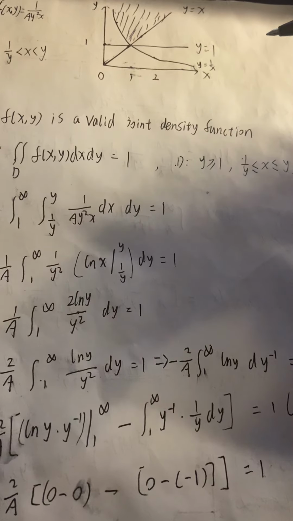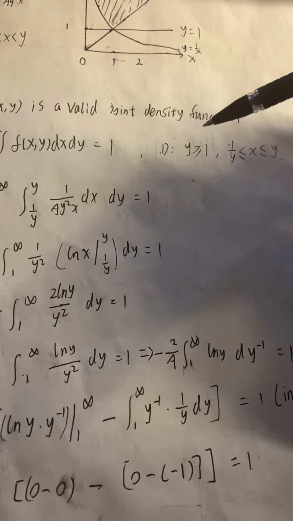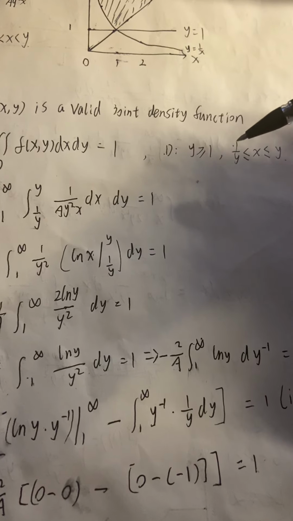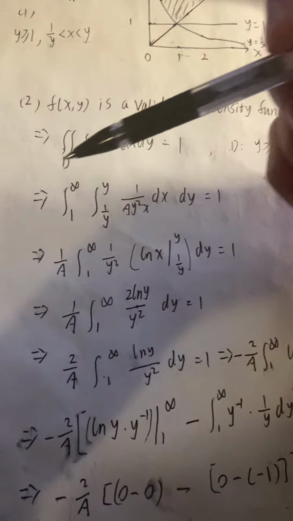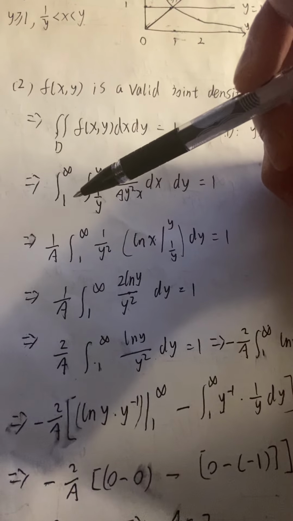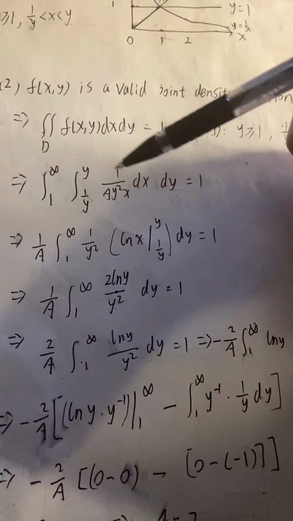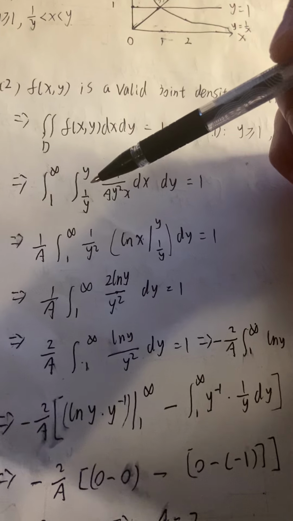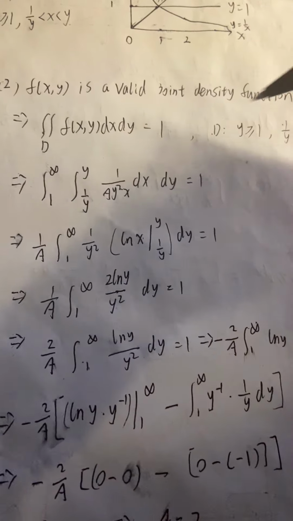So for the area D, y is larger than 1 and x is between 1 over y and y. So for y, the lower bound will be 1 and the upper bound will be infinity. For x, the lower bound will be 1 over y and the upper bound will be y.